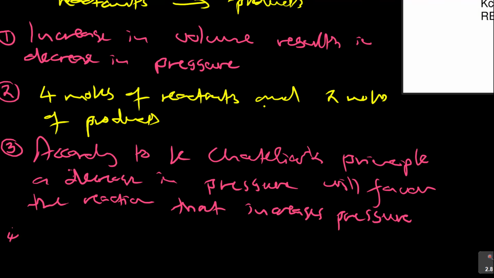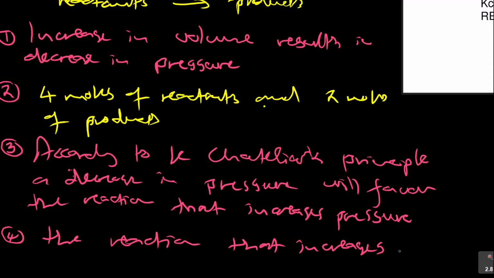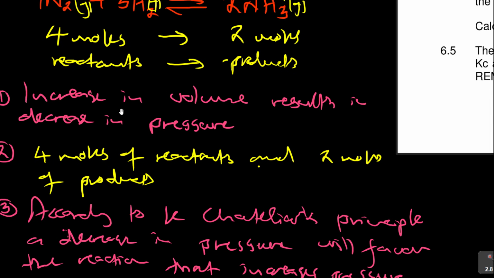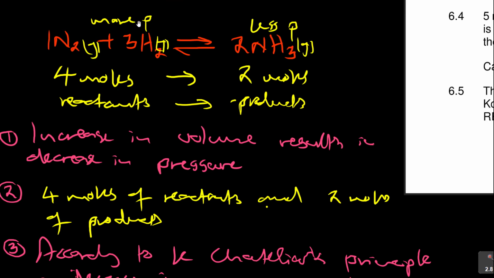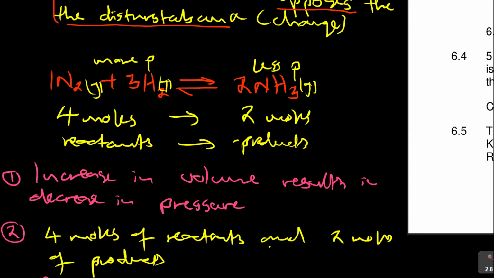All right, number 4, the reaction that increases pressure is which one? It is the reverse reaction. Remember there is more pressure on the what? Look, there is more pressure on the reactants than the products, so the reaction will now go in this direction.